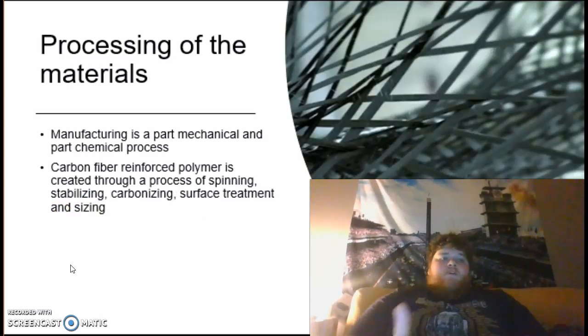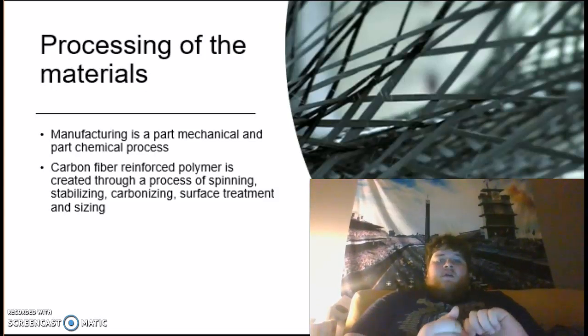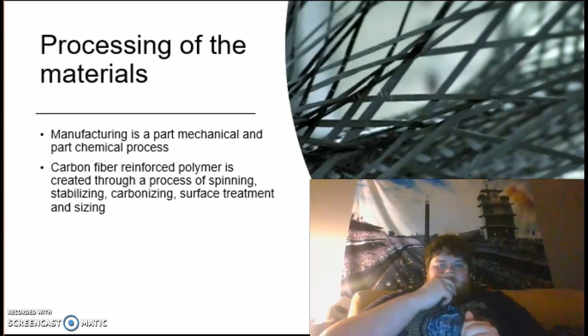So how is carbon fiber created? The manufacturing is a part mechanical and part chemical process. The carbon fibers are created through a process of spinning, stabilizing, carbonizing, surface treatment, and sizing. The fibers are first spun together, then treated with chemical agents to thermally make their atomic bonding stable, and carbonized, and the surface is treated by immersion in various gases or liquids.